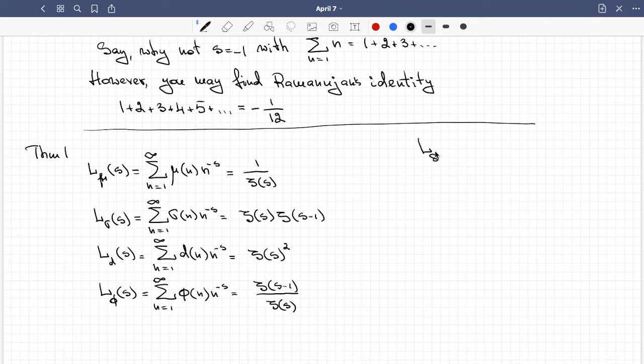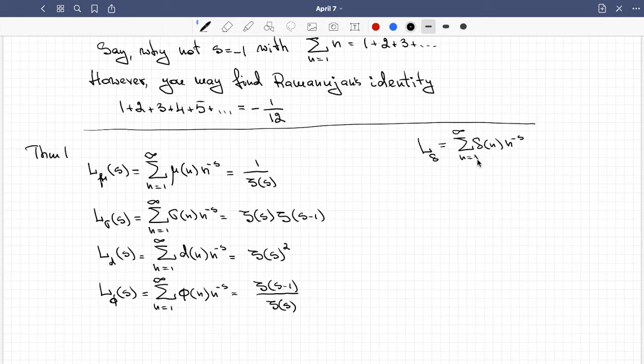Remember, the delta function takes the value of 1 for n equals 1 and is 0 otherwise. Sum from 1 to infinity of delta of n to the negative s, but delta of n is almost always 0.